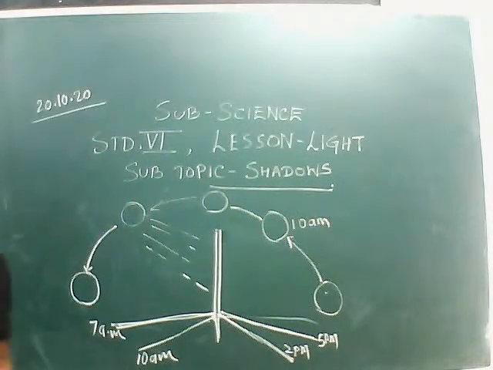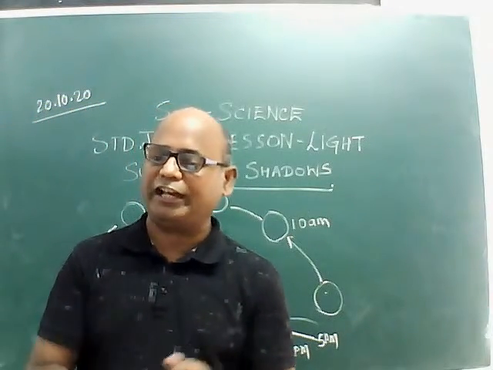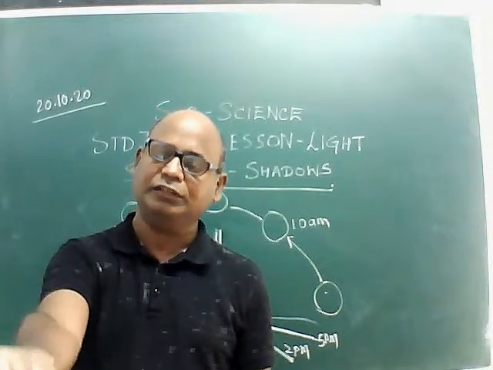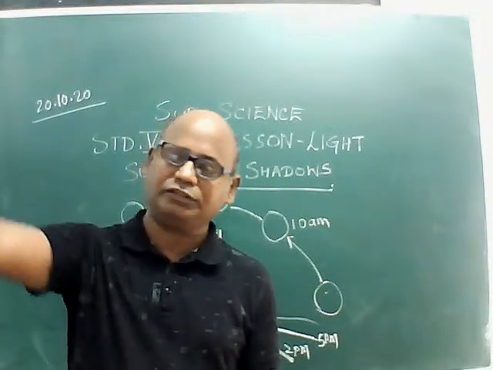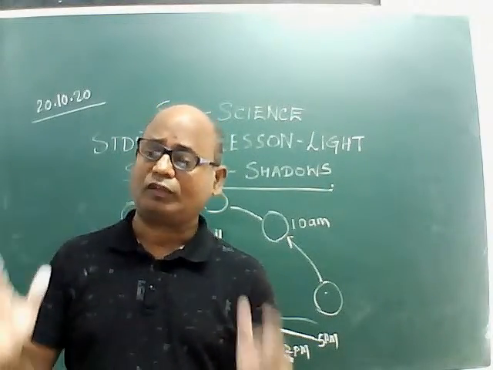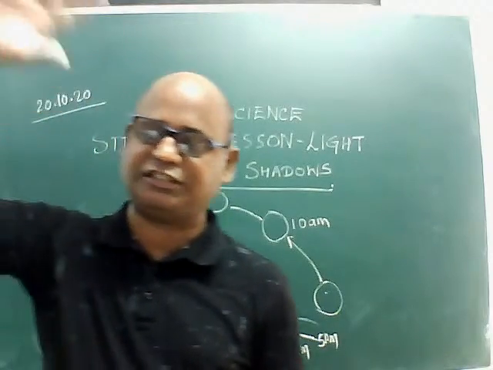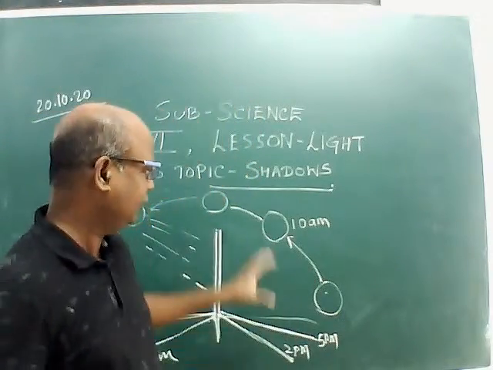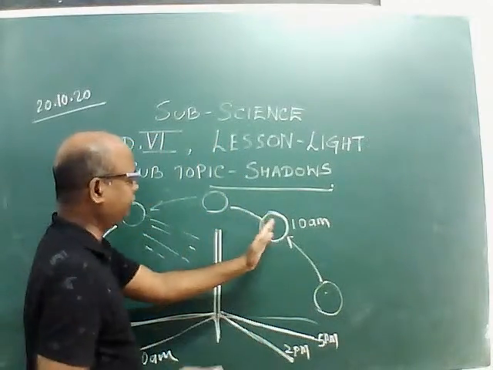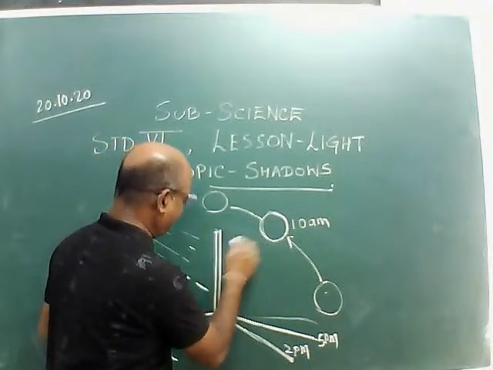Okay, so you have to do this experiment. I have done this. You also do it. Very interesting experiment. Fix one stick on the ground, and you will find that the length of the shadow changes as the position of the sun changes. You know that when the position of the sun is here, the shadow will be formed opposite to the source of the light, at the back side of the object.